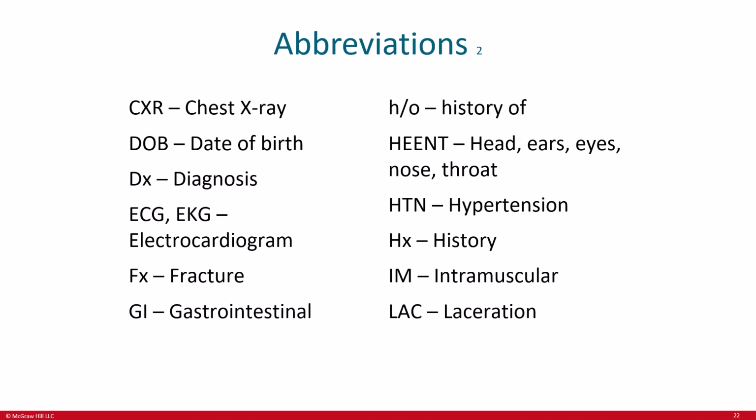GI, gastrointestinal. HO is history of. HEENT, head, ears, eyes, nose, and throat. HTN, hypertension. You'll probably see that one notated in a chart somewhere. And you'll also see me use this one. HX is history. IM is intramuscular.